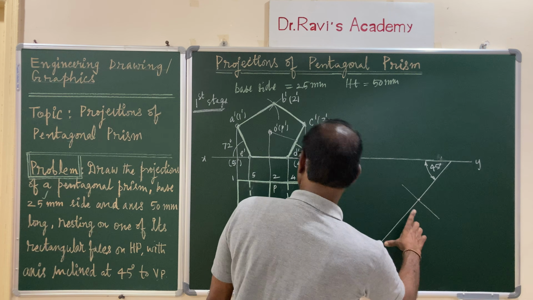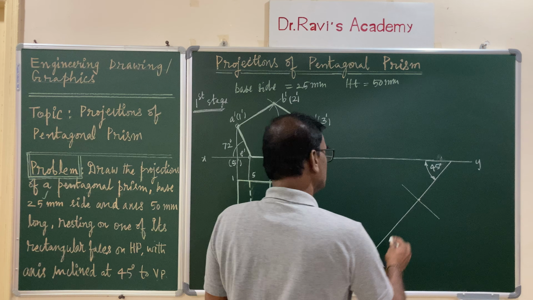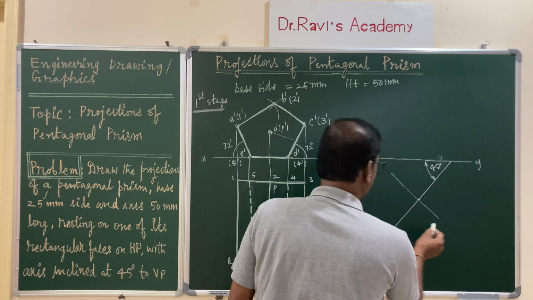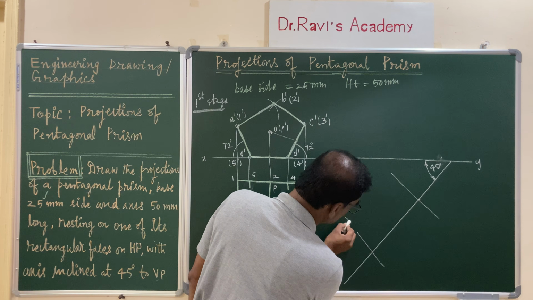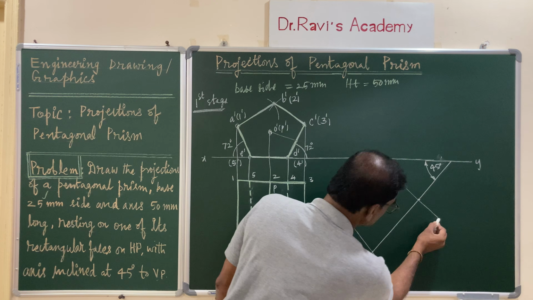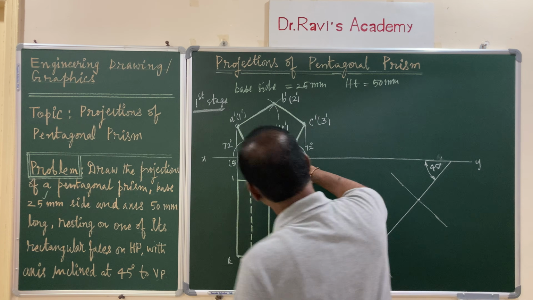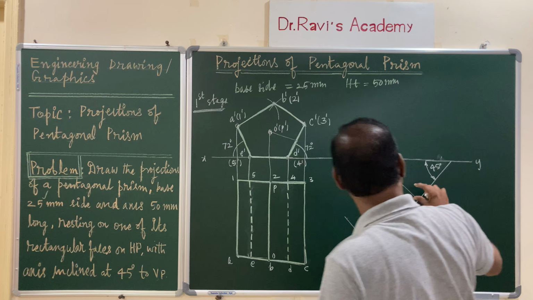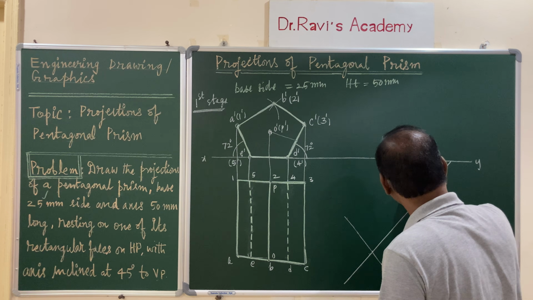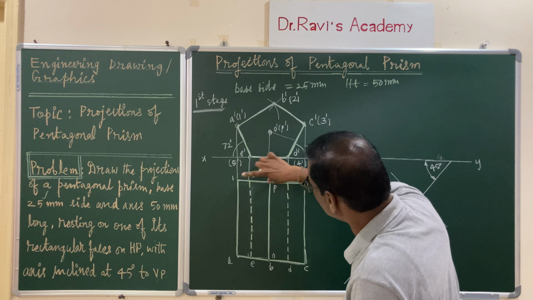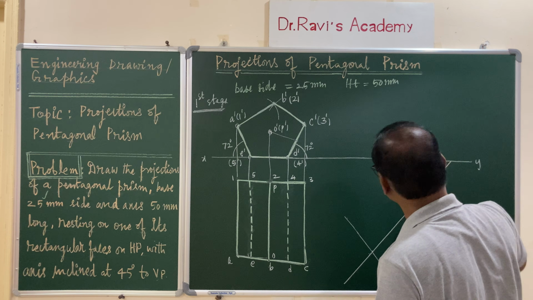So this length is 50 mm, and with the help of compass, let us locate the other ends also. With the help of compass, you take 2 5. It is 2 5 somewhere here. 2 1, 2 1.